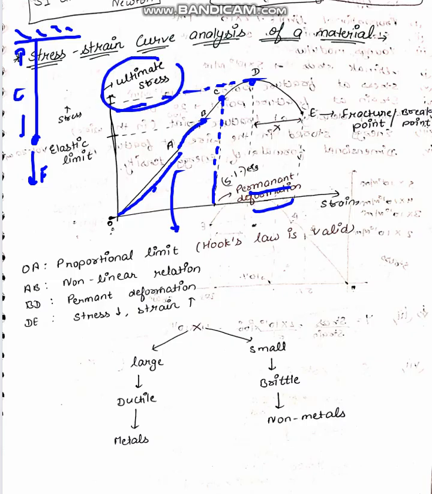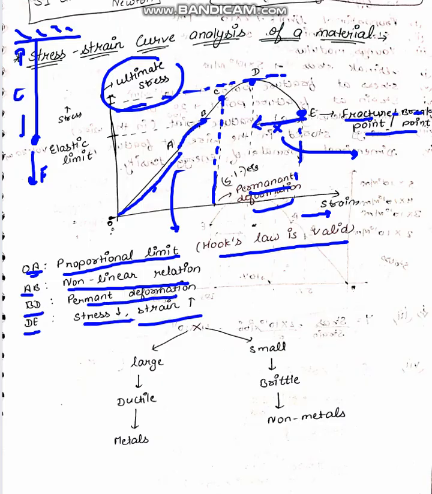If you extend beyond that, then even with reduced stress the strain will be more. Finally, at a certain point the material will break, which is called the fracture or breaking point. Let's say the difference between D and E is X.